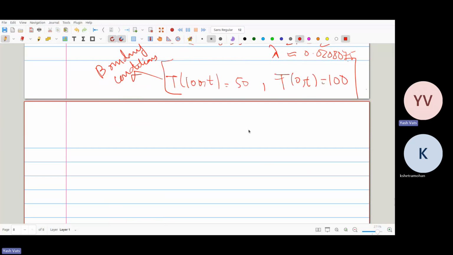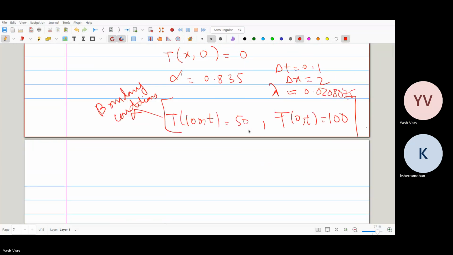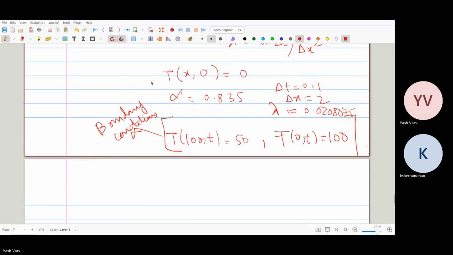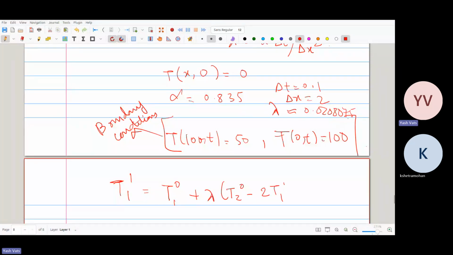So how do you apply the discretized equation? If you have i equal to 1 and n equal to 0, then you have T_1^1, which is the same as T_1^0 plus lambda times (T_2^0 minus 2T_1^0 plus T_0^0).